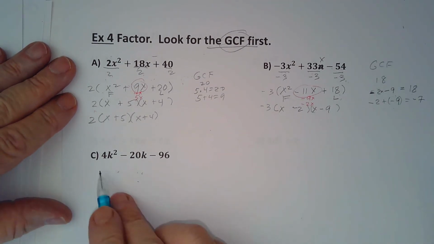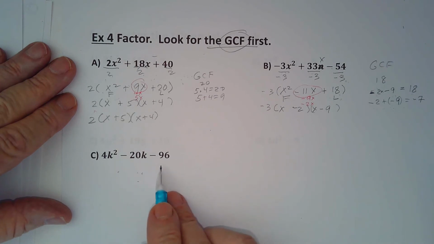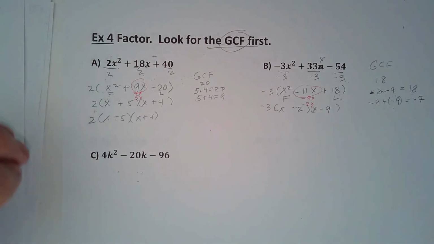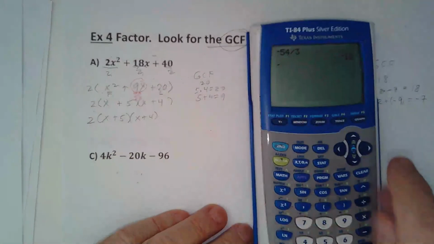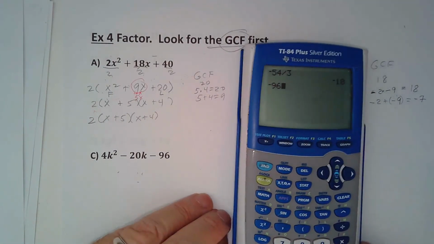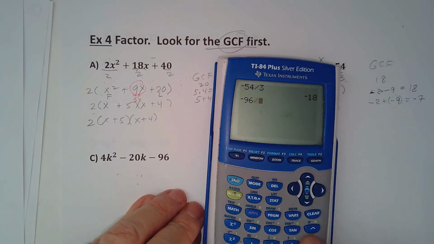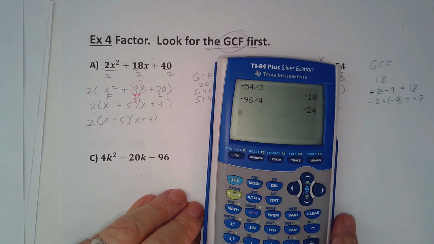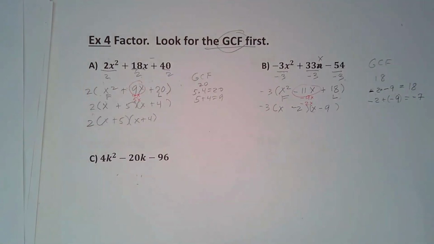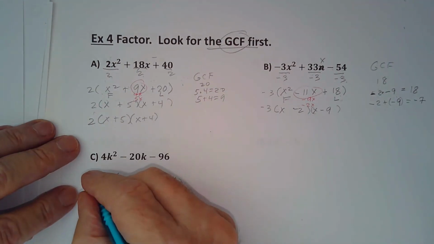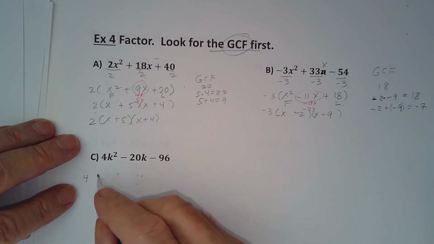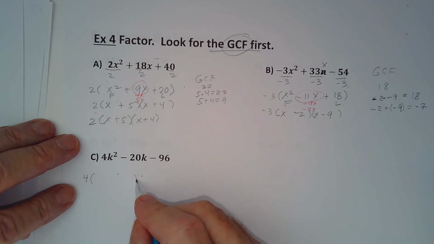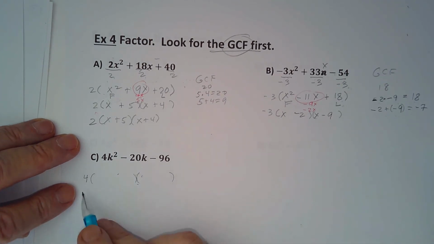All right, one more last one here. Looks like I got a common factor. I can divide 4 out of 20. Let's check negative 96. Good bet that we can. So negative 96 divided by 4 is negative 24. So we can divide out 4 out of all these terms. So I'm going to put the 4 over here. And remember when we were dividing it out, we just put it on the outside of the parentheses.